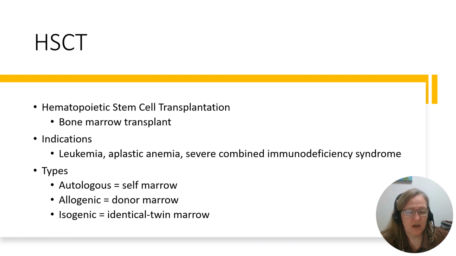It can be autologous, which means you give the donation to yourself. And to do that, you generally have to give yourself the donation before you have a treatment that is going to deplete your bone marrow. You can get an allogenic transplant from a matched donor or an isogenic donation from an identical twin. This isn't going to be on the test, but you should know it for NCLEX purposes and the ATI.